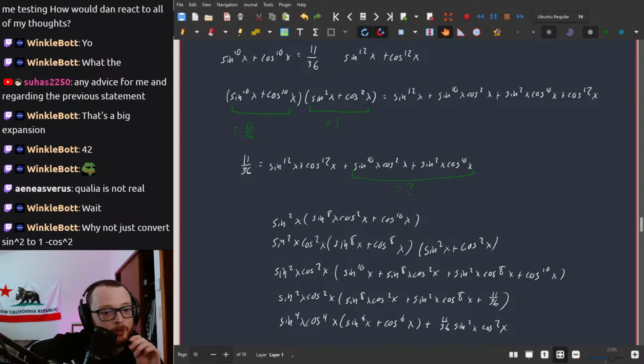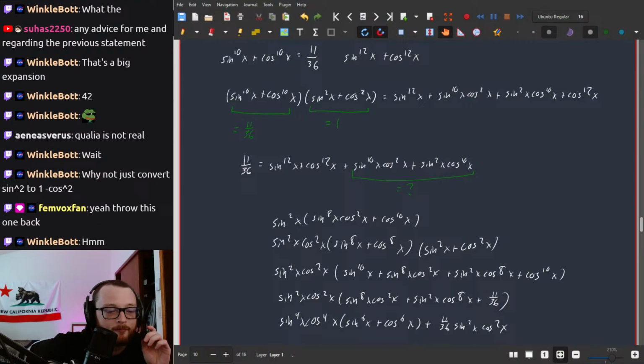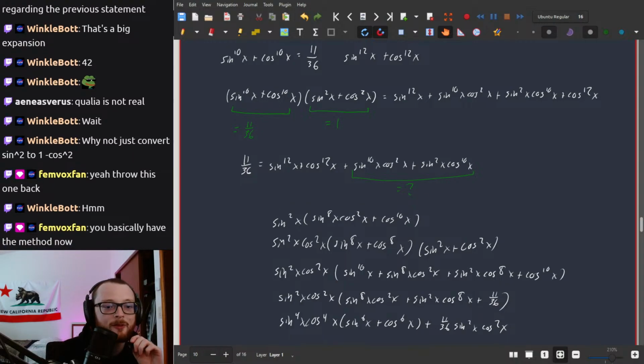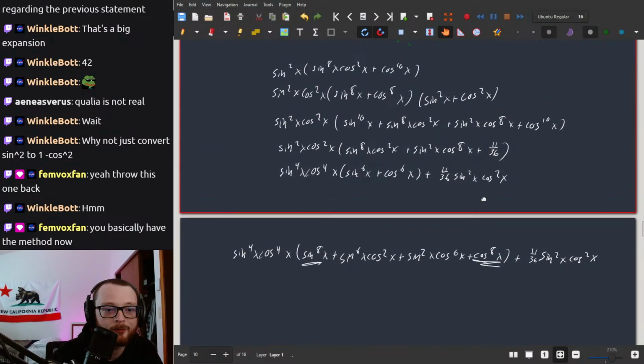When I convert sine squared to 1 minus cosine squared, I tried that originally and I eventually got stuck and couldn't progress. I basically have the method, but I'm a little stuck with it, because I don't want to deal with the sine to the eighth plus cosine to the eighth.